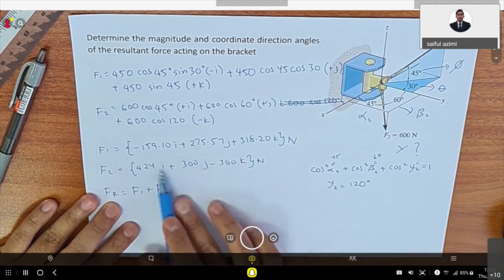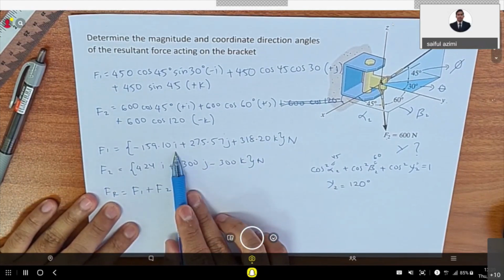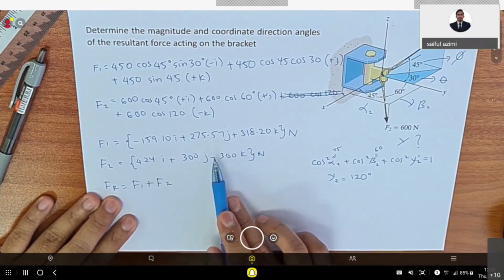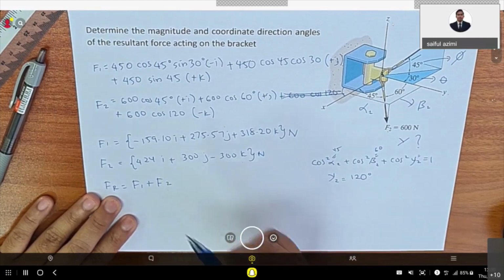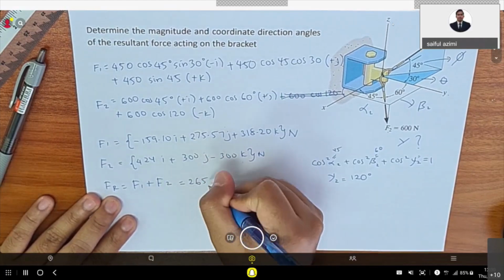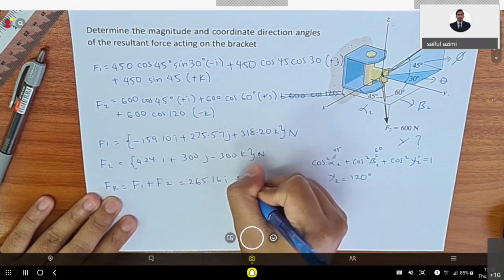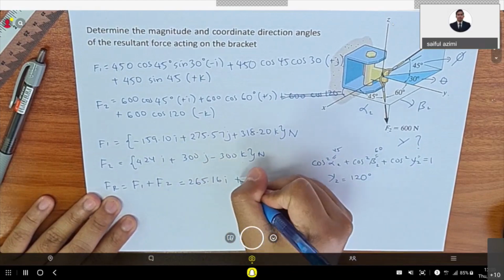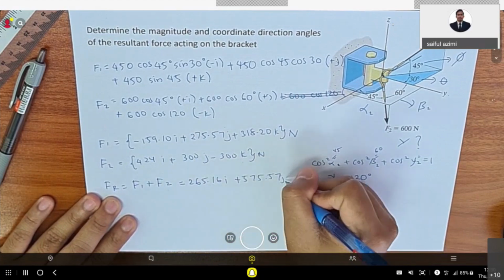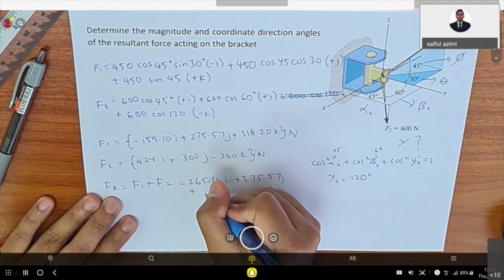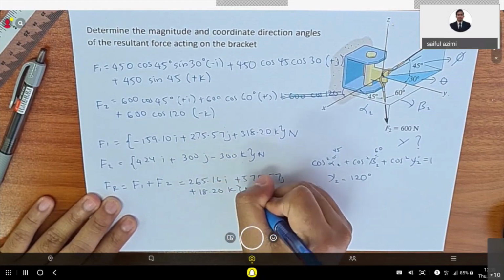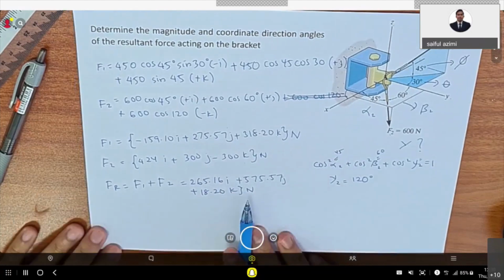You add by each representation: I you must add with I, J you must add with J, K you must add with K. So you will get 265.16I plus 575.57J plus 18.20K Newton. So you will get this answer.